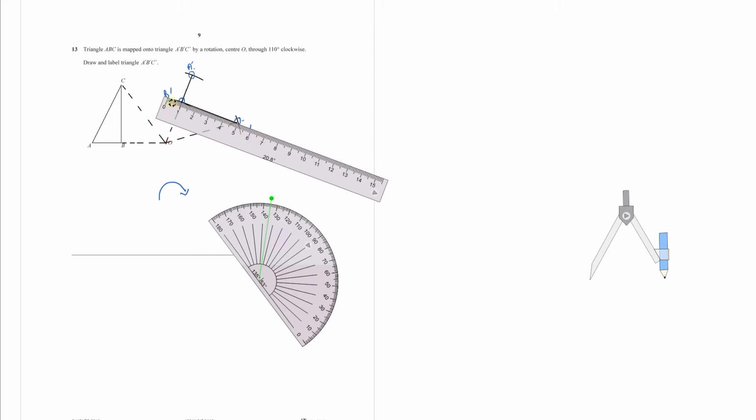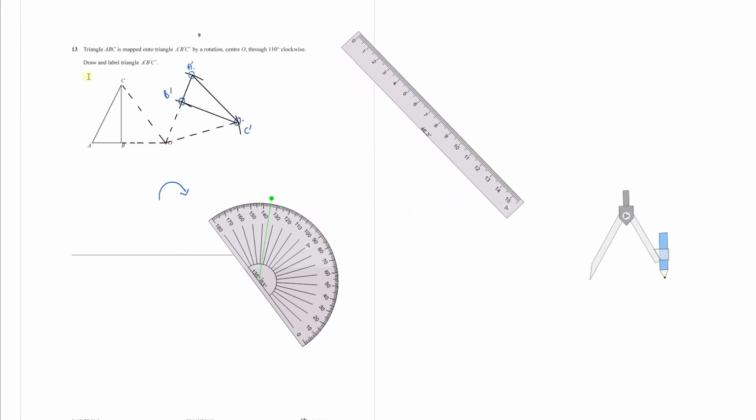And then I can also join A prime and C prime like this. So this gives you the new triangle A prime, B prime, and C prime, which is rotated at 110 degrees.